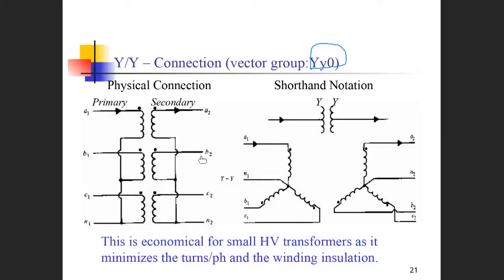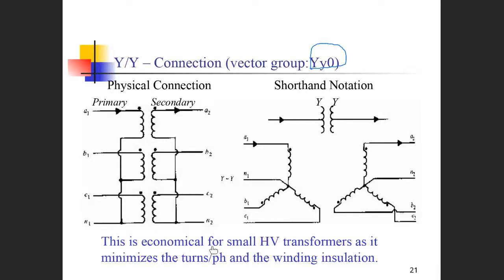And this is the explanation of the star-star connection, vector group 0. We have other groups, 1, 2, 3. You may find them in some reference books, but they are not introduced here.